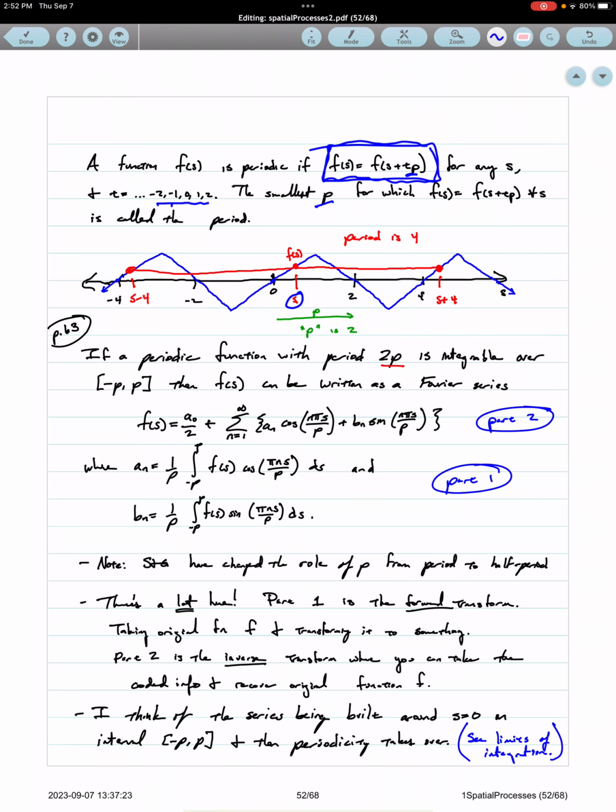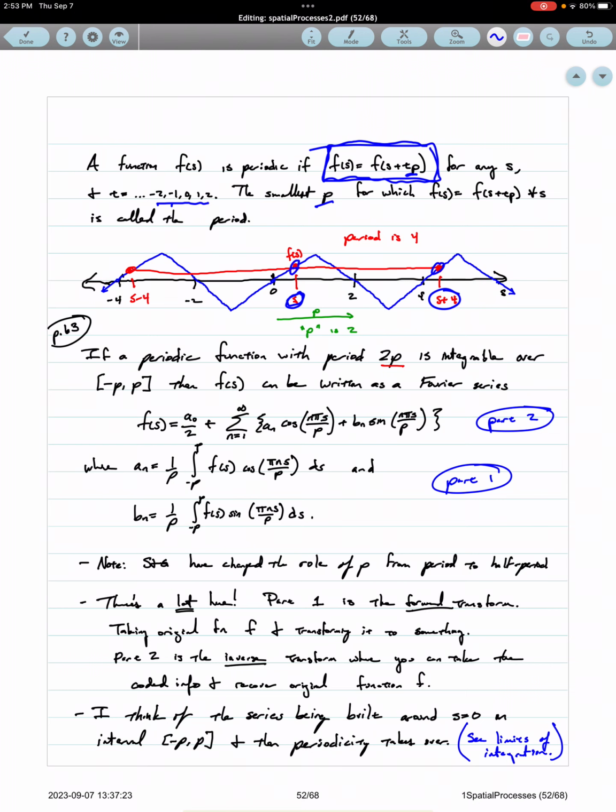And so if we start here at time s, what we're looking at in this picture is a simple periodic function. I've got this sawtooth function in blue, and I can look at any location s. That's what I've done here. If I jump a distance of one period, the period of this sawtooth function is 4, notice that the value of the function at s plus 4 is the same as the value of the function back here at s.